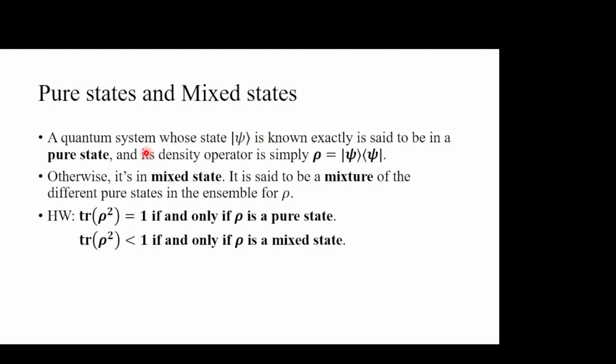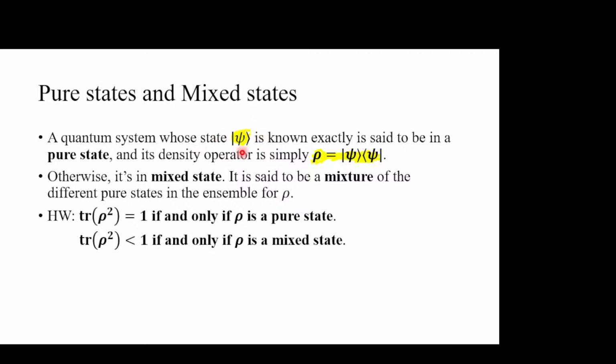Here the name pure state is actually a bit ambiguous. You see that here we have a column vector and here we have a matrix, and the name pure state is quite ambiguously used. You will either mean a density operator that can be written as a projector onto a single state, or it can just mean a single vector.